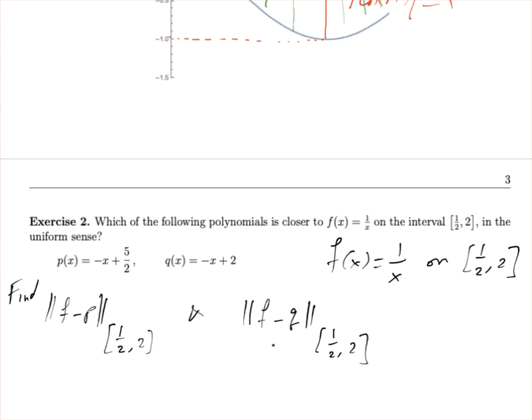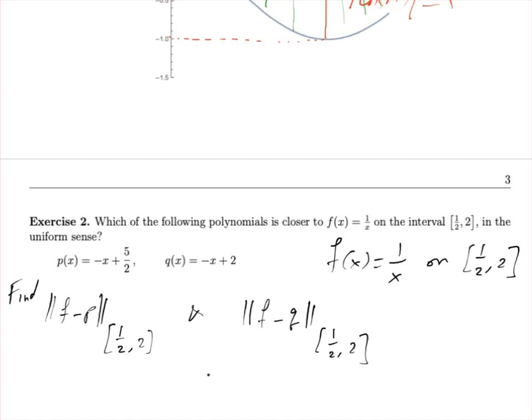To do this, you can just find the maximum and minimum of the function on the interval half comma 2. Exact same way you did these problems in calculus, finding the maximum of a function: taking the derivative, setting it equal to 0, and also checking the value of the function at the endpoints.